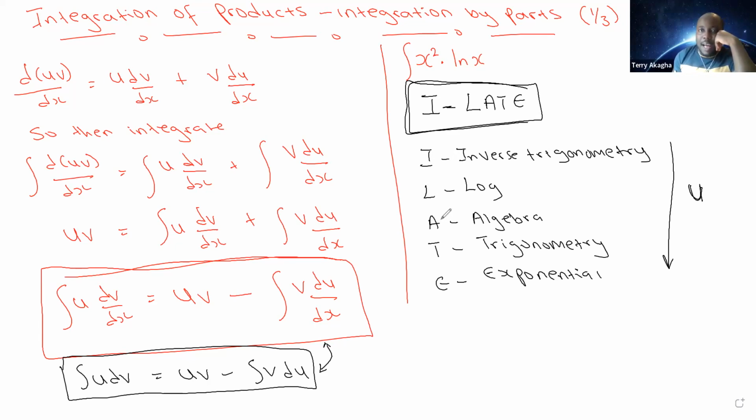If you have an algebra and an exponential, the algebra is going to be the U, and the exponential is going to be the dv. Like in this case, we have x squared, which is a classical example of an algebra.